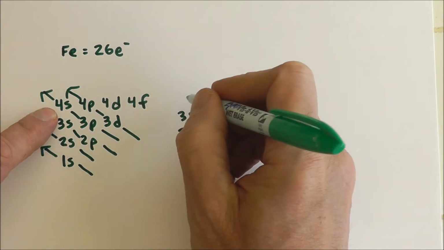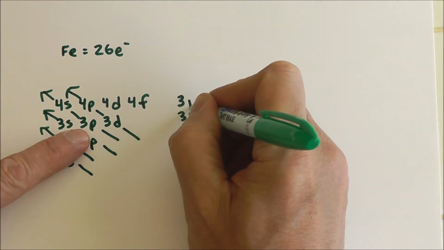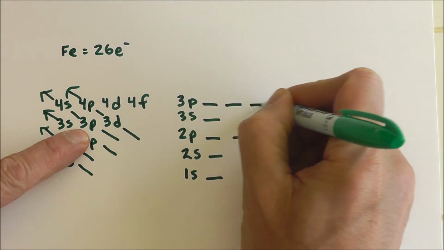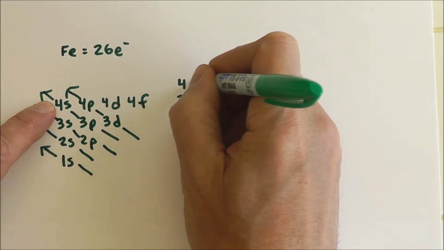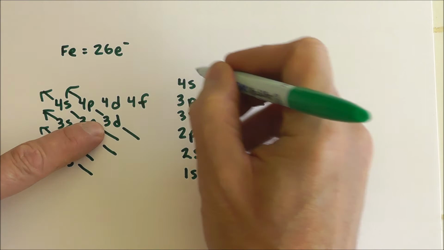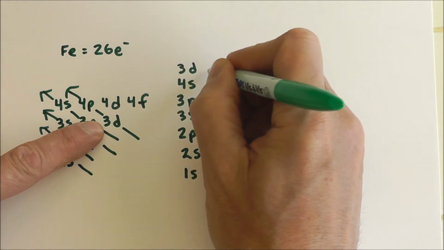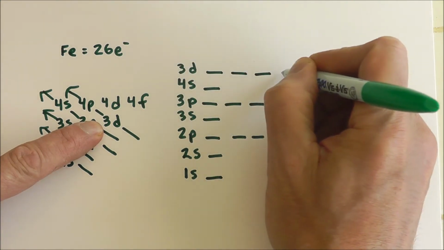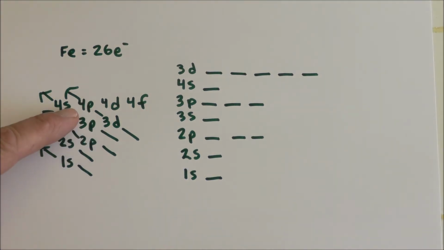Now this is where things are going to get a little bit weird, but we can handle it. And then 3d. That's what I wanted to get to. We haven't done one with a d before.